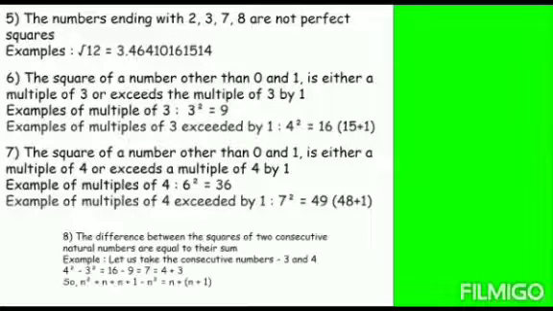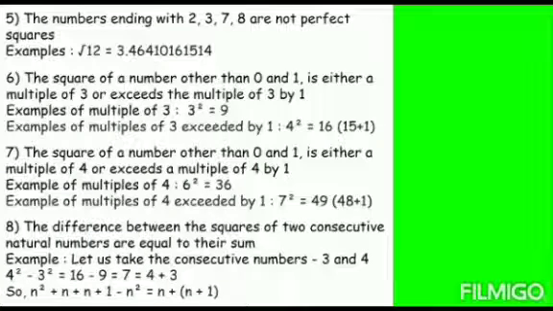The eighth property is that the difference between the squares of two consecutive natural numbers is equal to their sum. For example, let's take 3 and 4. They're consecutive, am I right? So let's take their squares, 3 square and 4 square. 4 square minus 3 square is 16 minus 9 equal to 7, which is 4 plus 3.